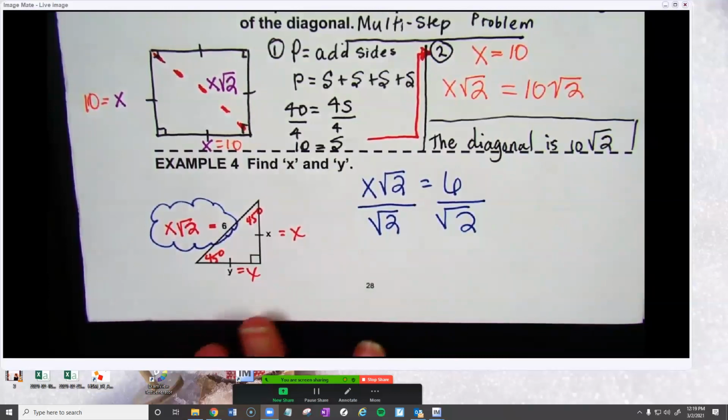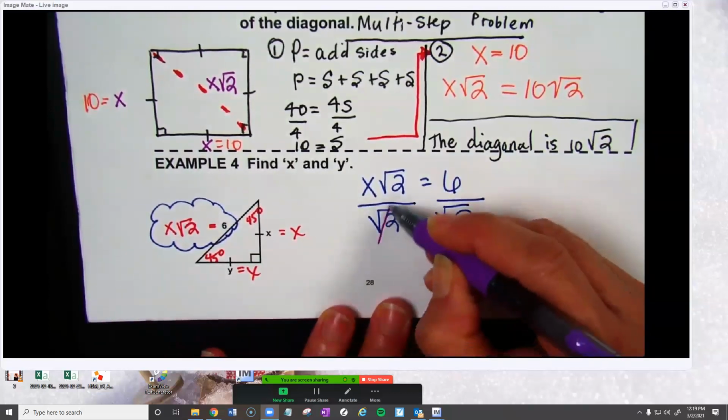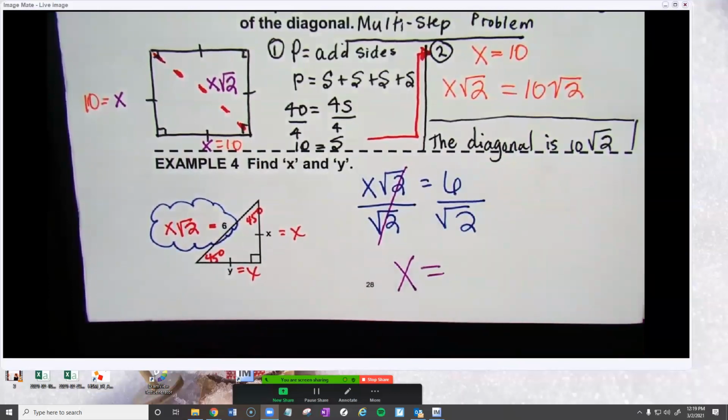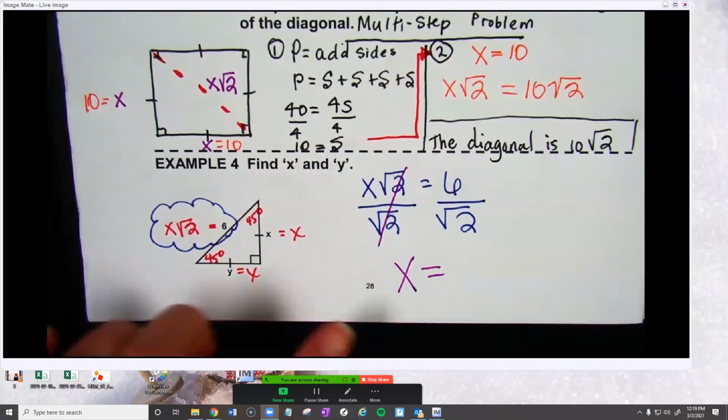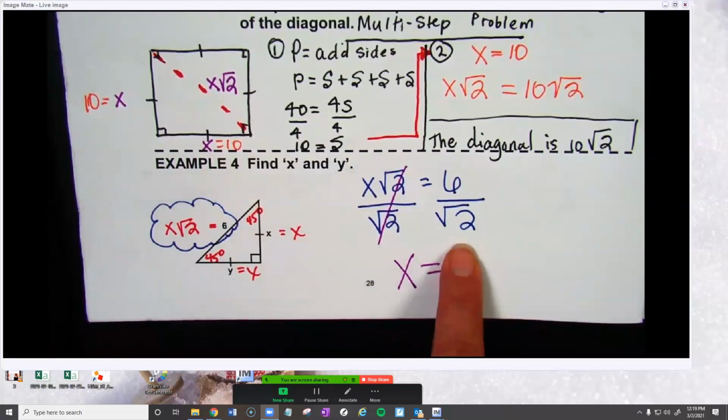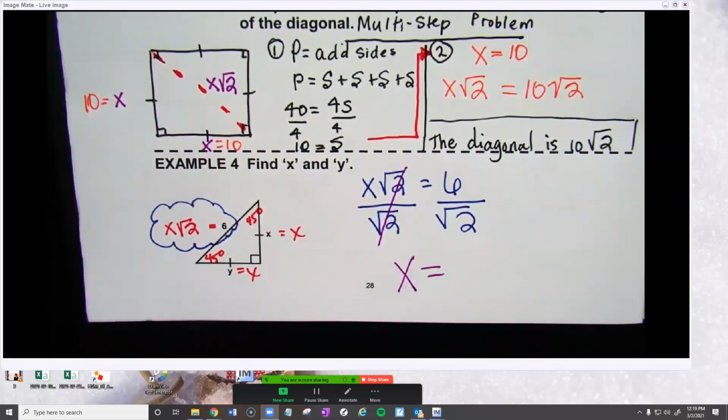So the good news is those are going to cancel out, and X is going to equal 6 divided by root 2. Now remember, you wrote 1.4142 at the top of your paper. So on the calculator, when you do 6 divided by 1.4142, you are going to get 4.2.